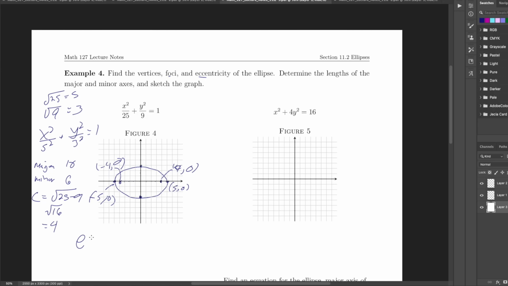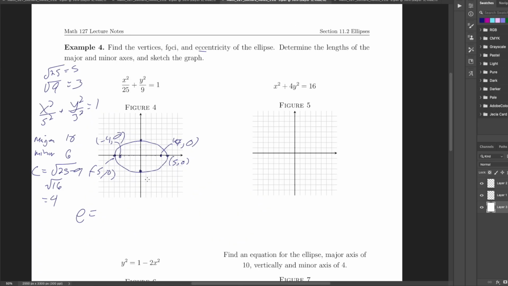And then for the eccentricity, remember, it's just C over A. So here we're going to have C, which is 4, over A, which is 5.